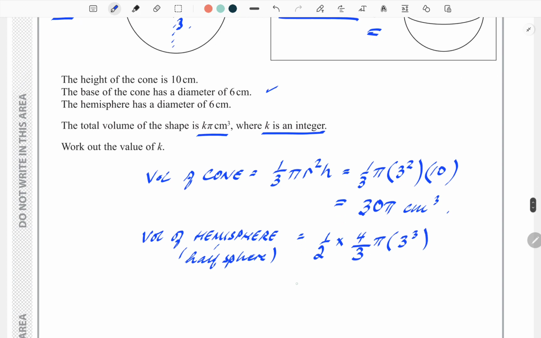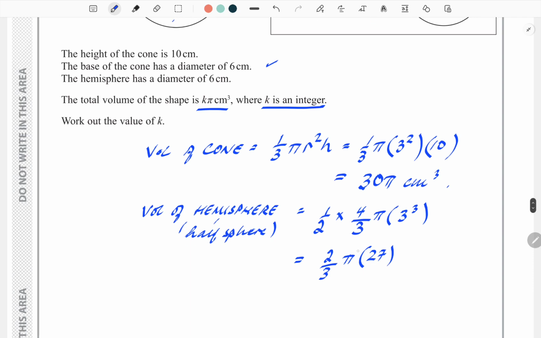So what does this give us? Half times 4/3 is actually 2/3 times pi, and 3 cubed is 27. 27 divided by 3 is 9, and so the whole thing simplifies down to 18 pi centimeters cubed. I won't bother with the units.